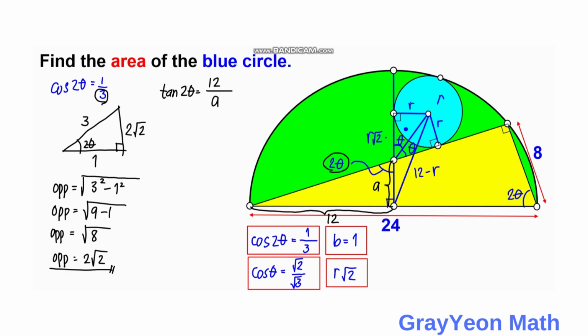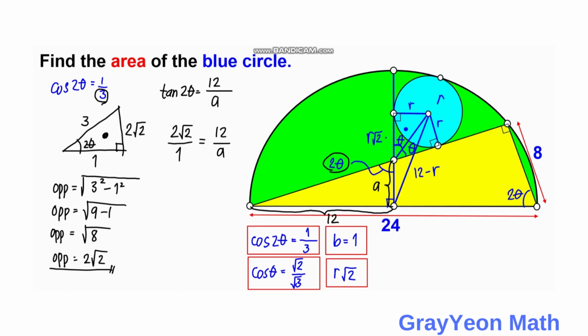So based on the earlier triangle, the opposite is 2 square root of 2 over the adjacent, which is 1. So that becomes 12 over A.